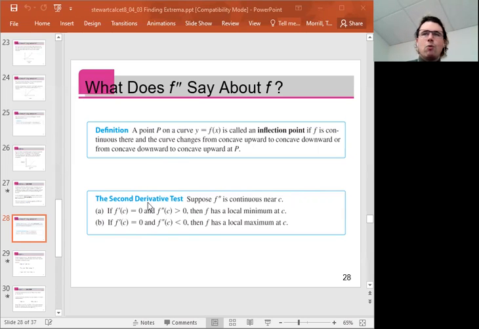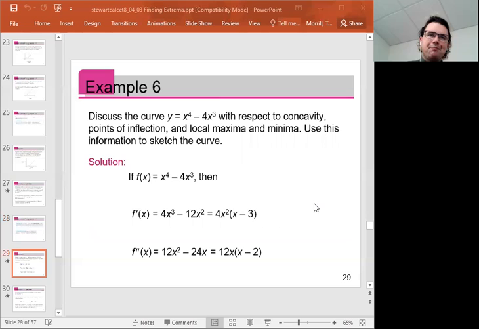And I take that coordinate for my critical point and I put it into this formula for the second derivative of the function. If I get a positive value, then that critical point is a local minimum of the function. If I get a negative second derivative, then that critical point is a maximum of the function.